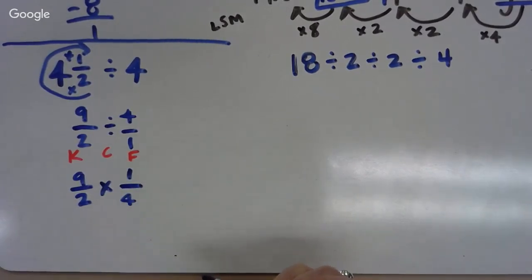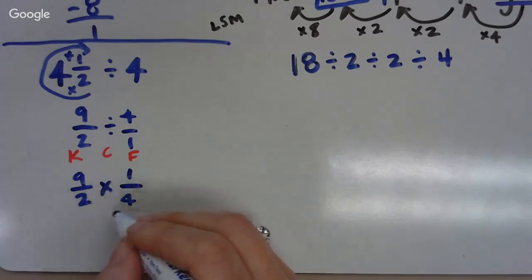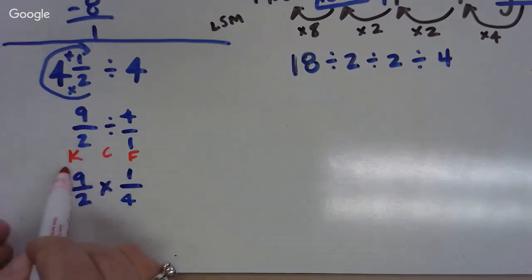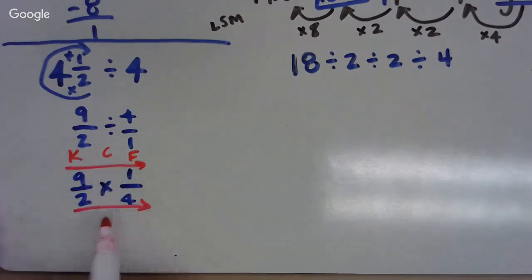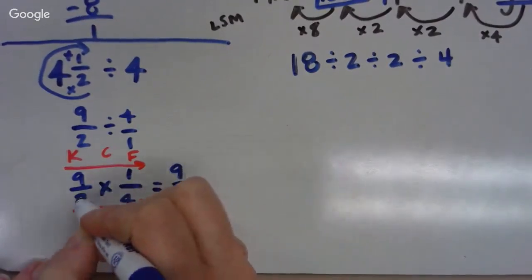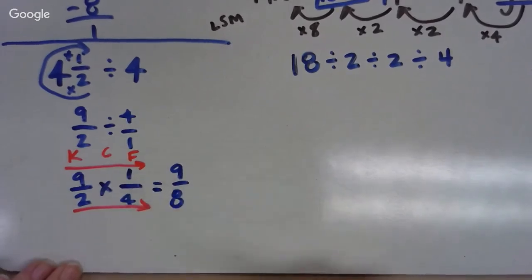Now that I've done this, I could cancel at this point, but there are no shared factors that are a good pair, one from the numerator, one from the denominator. So instead, I simply multiply my numerators and multiply my denominators. When I do that, I have 9 times 1 gives me 9, 2 times 4 gives me 8.